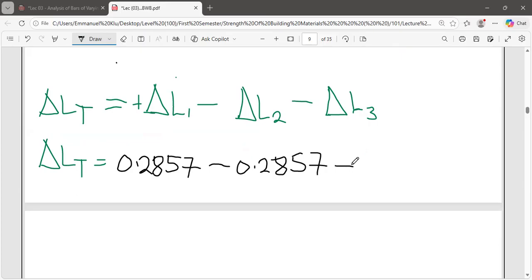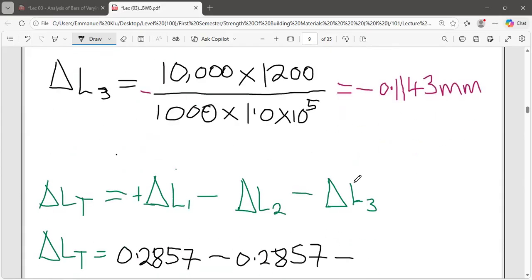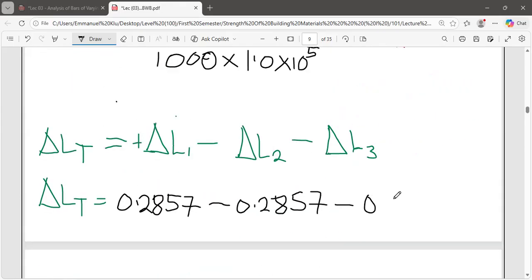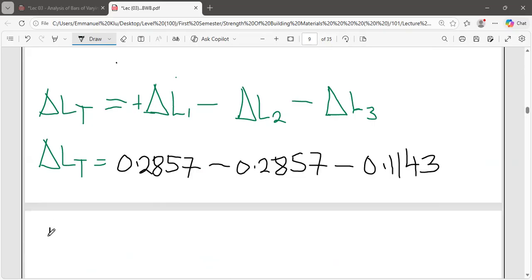Then the last one minus what? 0.1143. So quickly, let's summarize our answer. So quickly punch all of this on the calculator.